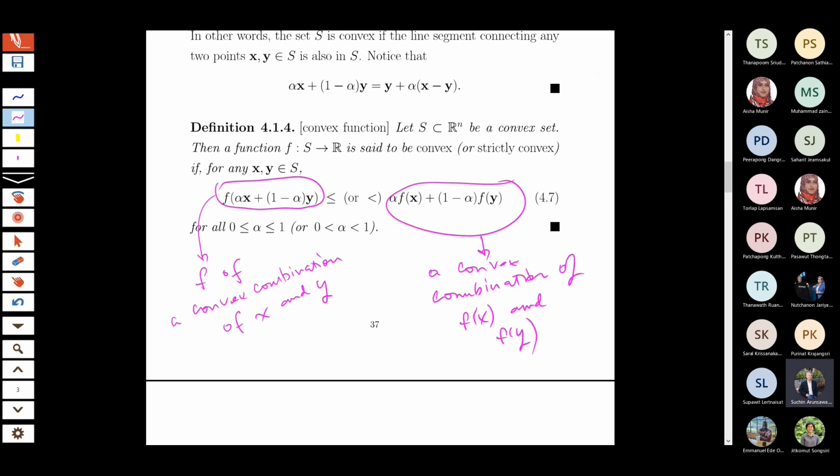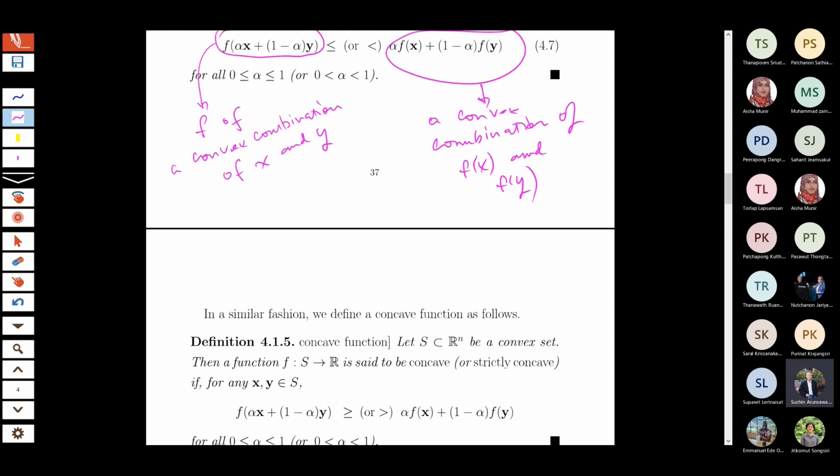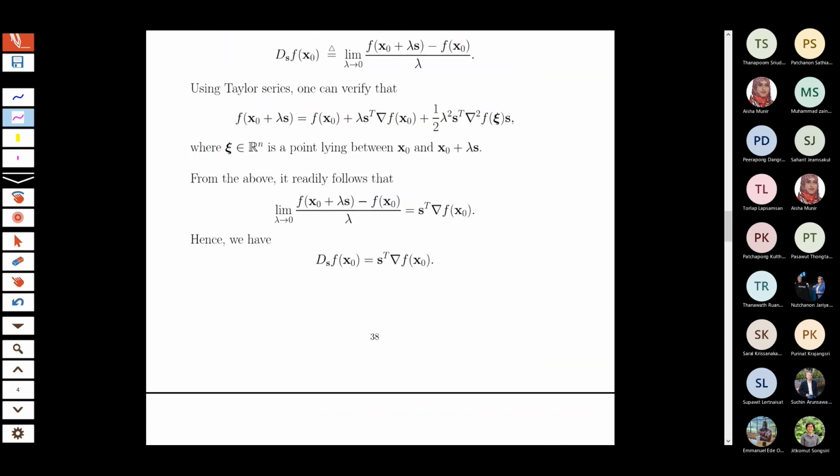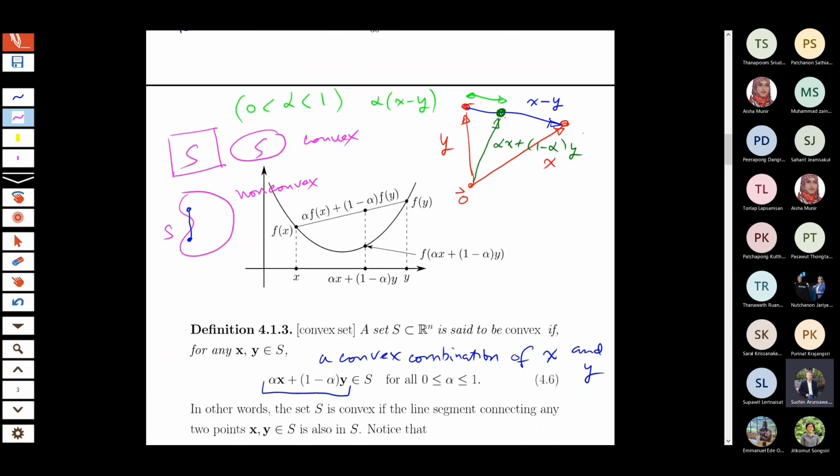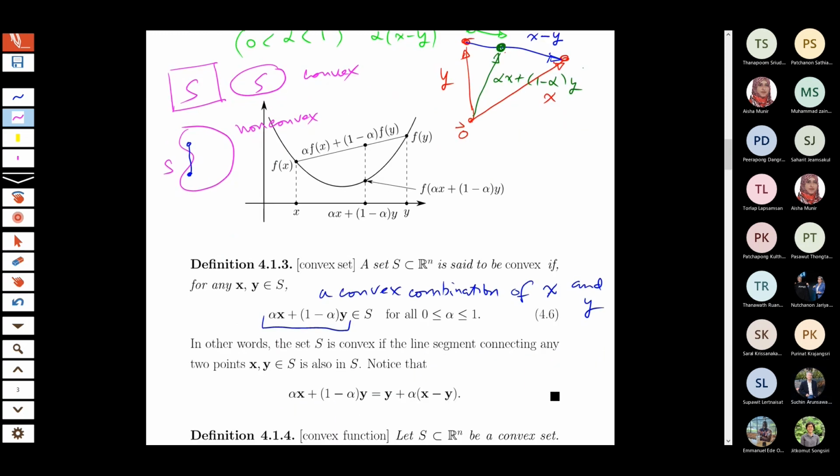So how does a convex function look? Then we see this figure. The above figure illustrates what a convex function looks like when the domain is the real line R. When you plot the graph, this is a scalar function.